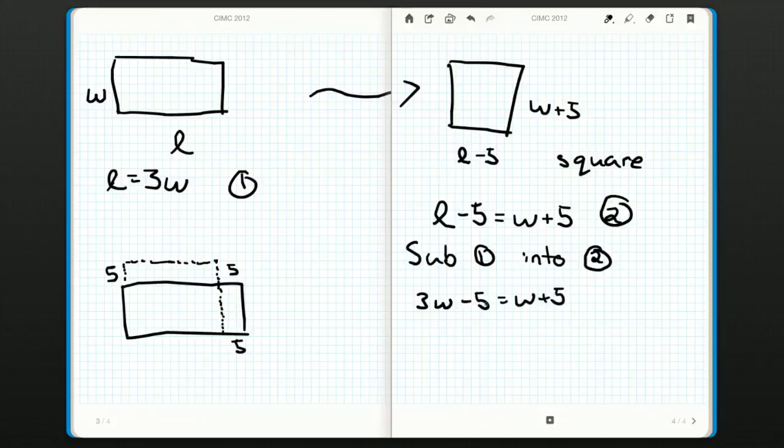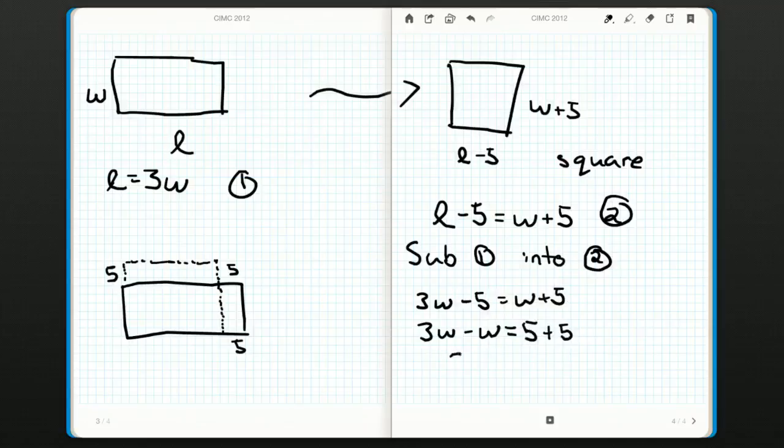I want to collect all my W's on one side and all my numbers on the other side. So I can turn this into 3W minus W. I can bring this W over to this side, and this minus 5, I can bring over to the right side with a plus. Five plus 5.